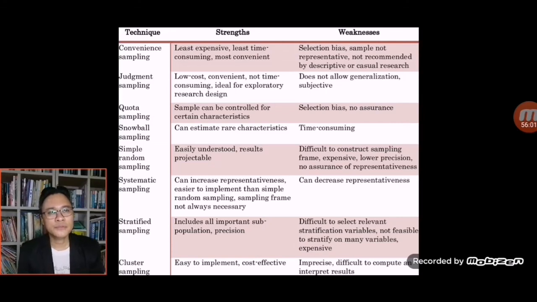Okay, even though the convenient sampling, the weaknesses is saying is a selection bias, sample not representative, not recommended by descriptive casual research, but for the backpackers topic, it's none other way that you can look for them, and then you approach the convenient technique. Alright, and the so-called for the snowball sampling for the homeless people.